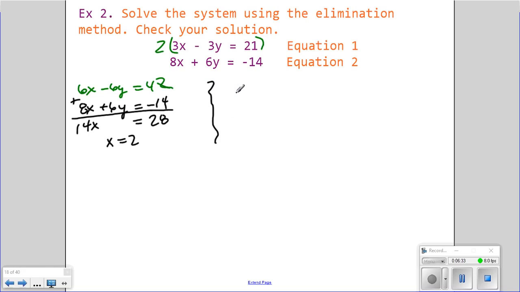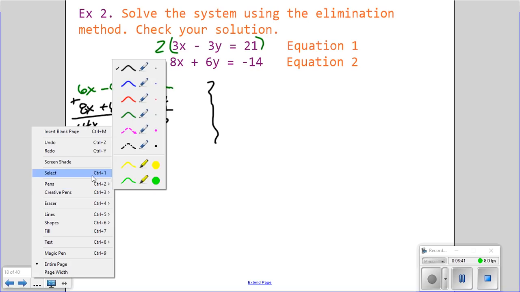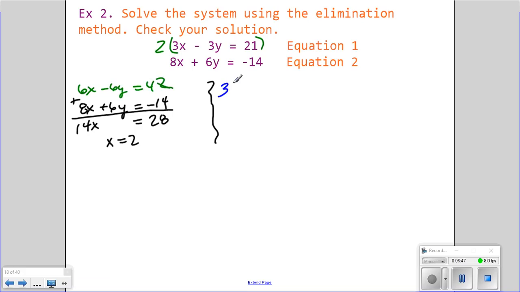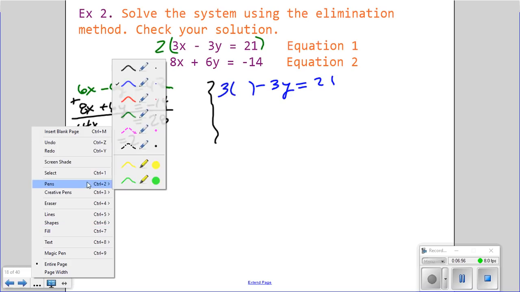Now we take x and substitute it back into one of the original equations, either one, it doesn't matter. So let's use equation 1 since it has smaller numbers. So that's 3 times x minus 3y equals 21. Again, x is now 2.